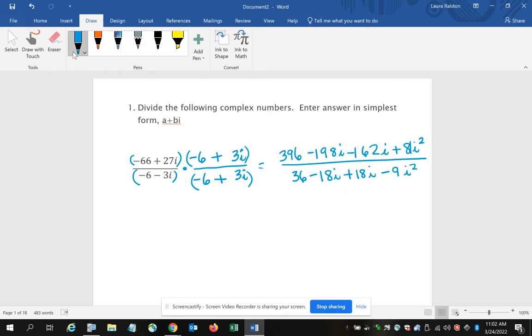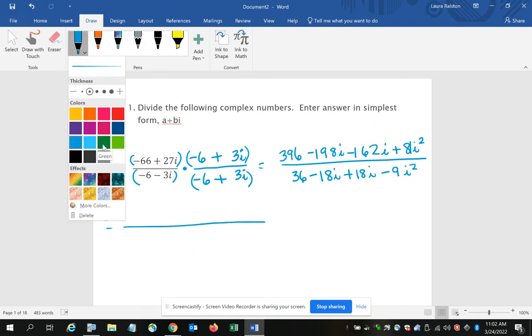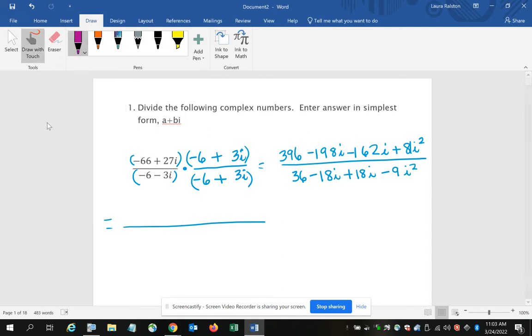So then I'm going to go back and simplify what I can, and also at the same time remember that i squared is negative 1. That's one of the primary things you have to remember whenever you're dealing with complex numbers. So I would have 396, and I'm going to combine negative 198i and negative 162i.